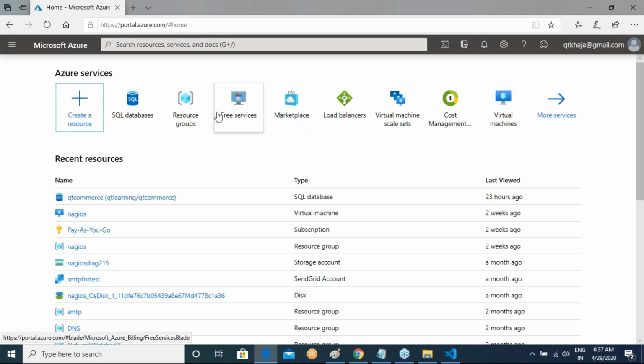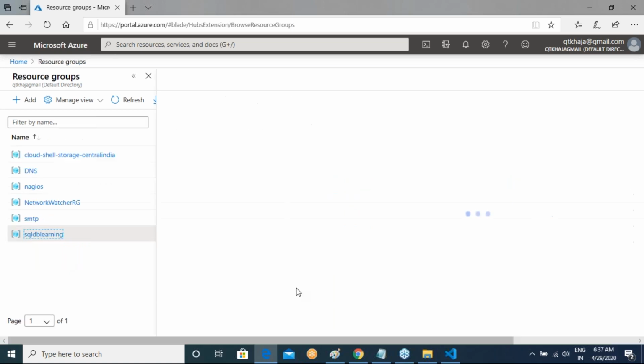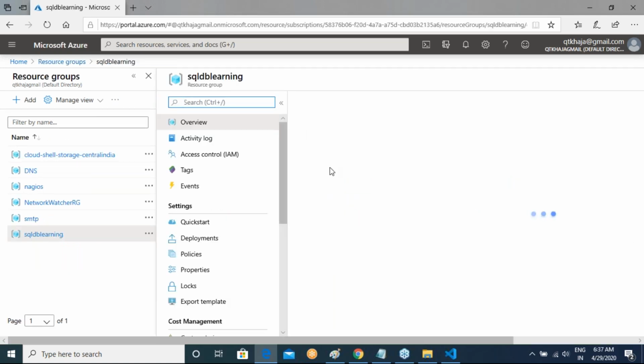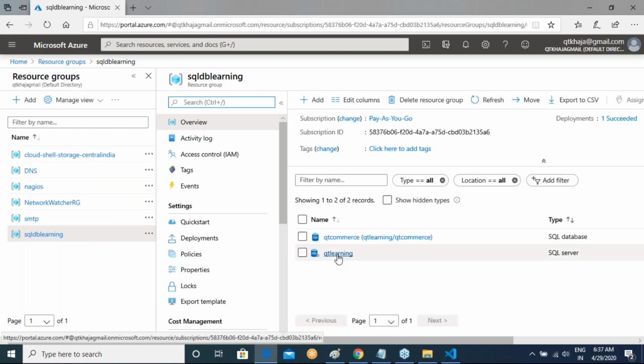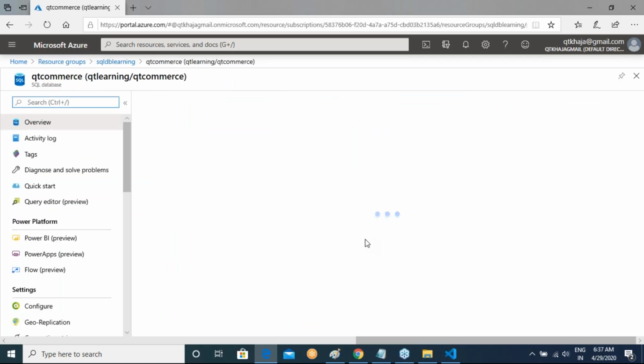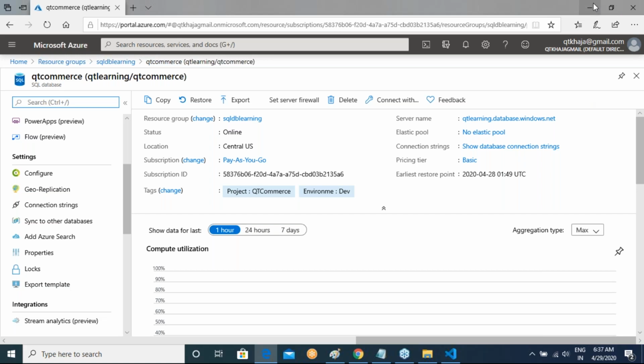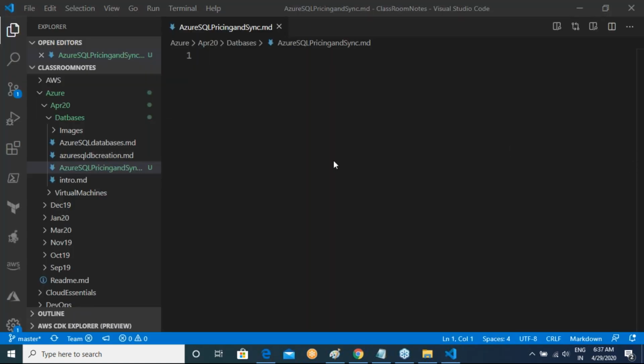I'm just making things ready so that when people join, I have everything open. I'm just opening the database which you created yesterday. So we have a server and we have a database. Good. I think I'm set up. Yeah, I'll start from there, Arvind.